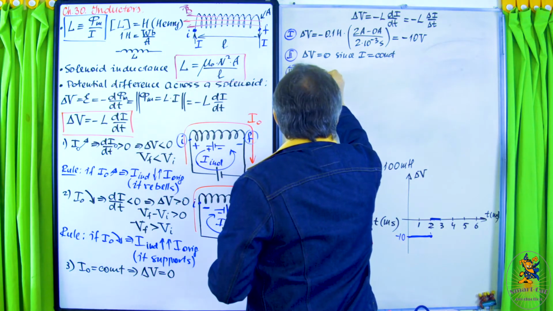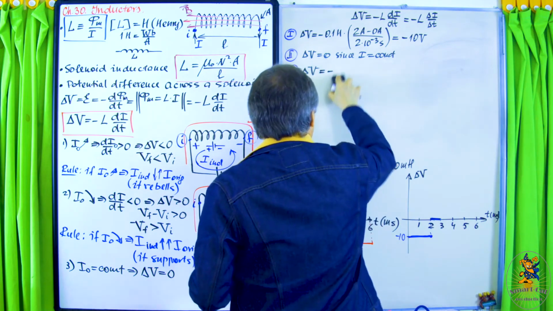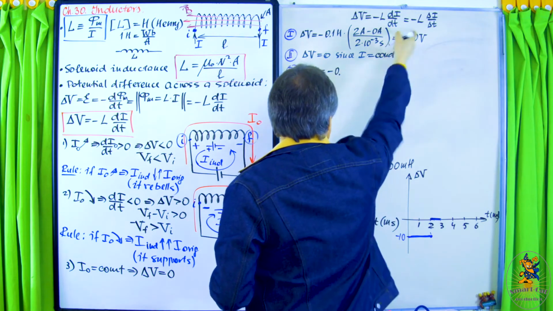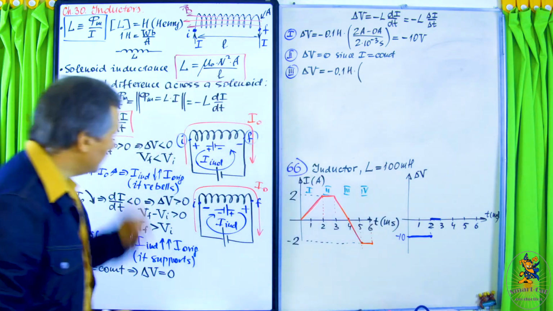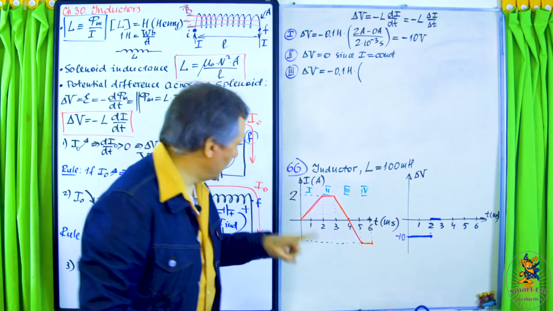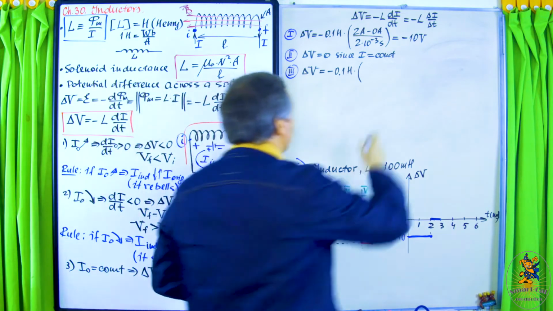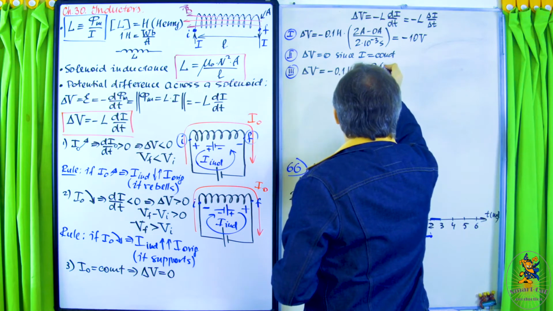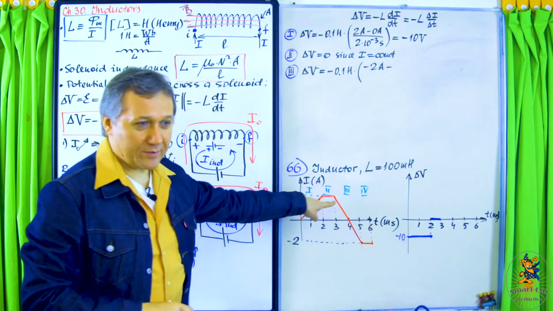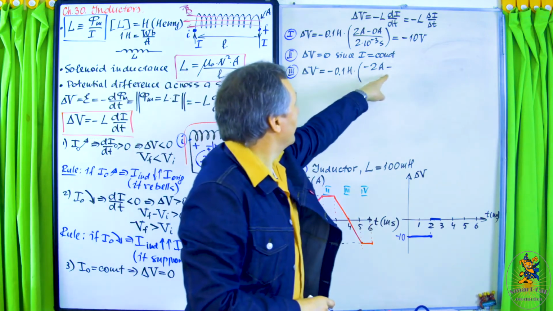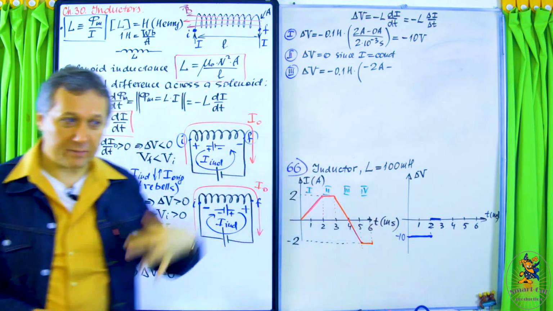So it will be minus L. We agreed I will write numbers immediately because the formula is over there: 0.1 Henry. And now, the final point, carefully, this is the final point, minus 2 amps. Then minus the initial point, 2 amps. Again, minus from the formula because we're looking at delta I. Delta I is the final value of something minus the initial value.